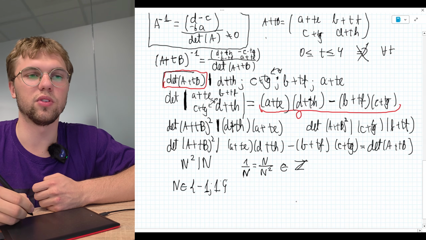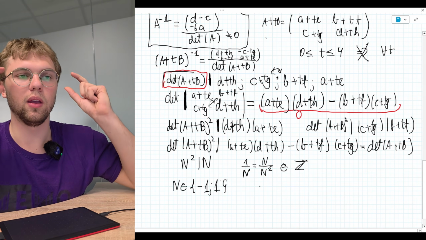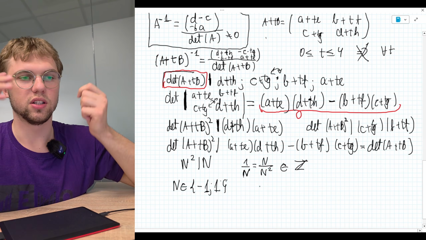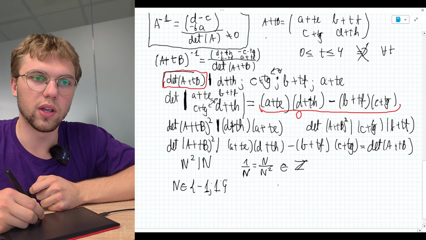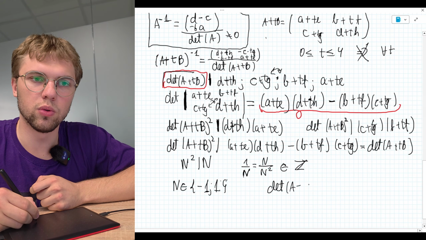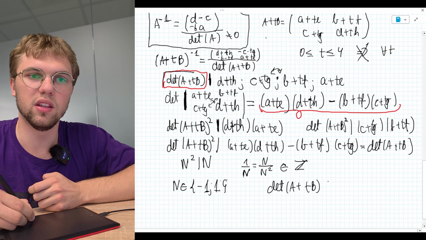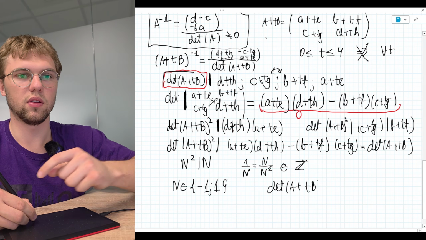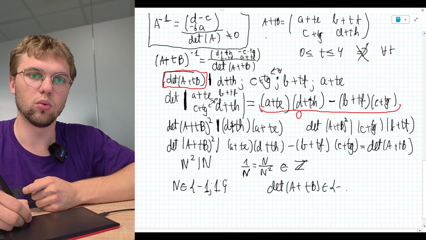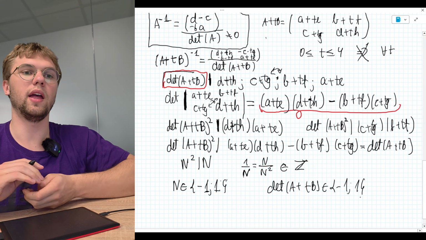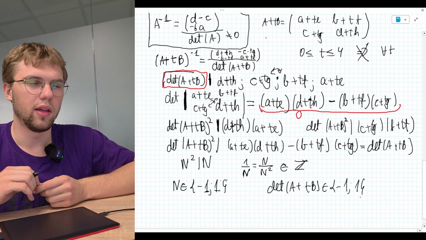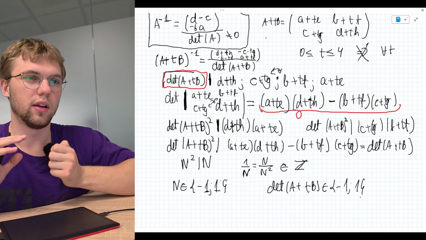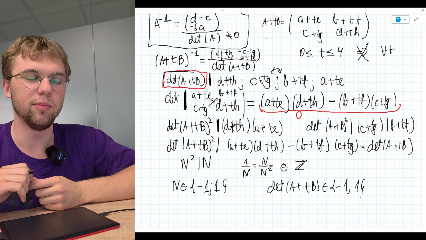I don't know why I chose n, but I think it's maybe more intuitive to see this in n, not just some random determinant. So yes, we've shown that the determinant of these matrices comes from the set of minus 1 and 1. And I think this is the point where my solution comes back to the official solution.